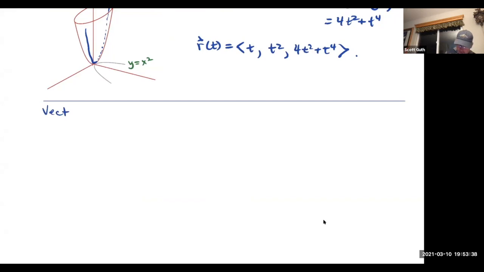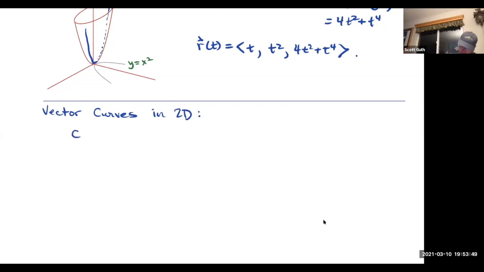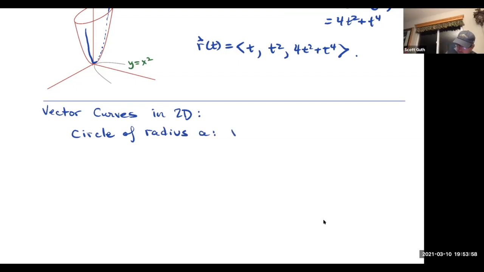Just a kind of checklist here, vector curves in 2D. So the circle, I think I gave, but I'll give it again. Circle of radius a. So you do an r of t equals a cos t, a sine t. So you have to have the same radius on x and y.